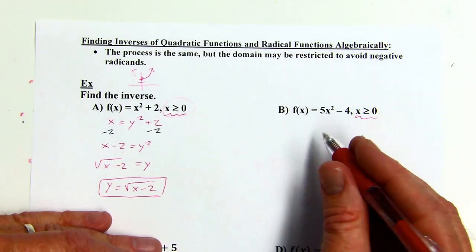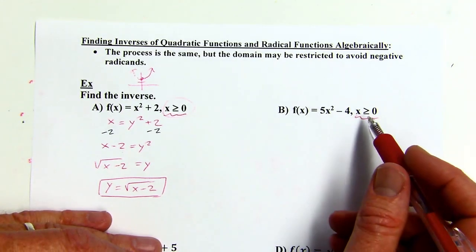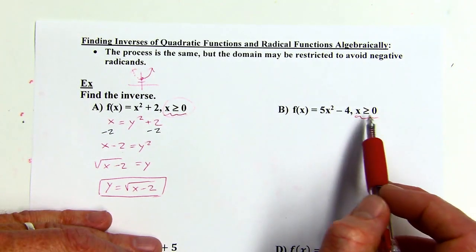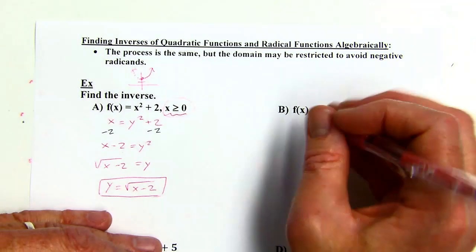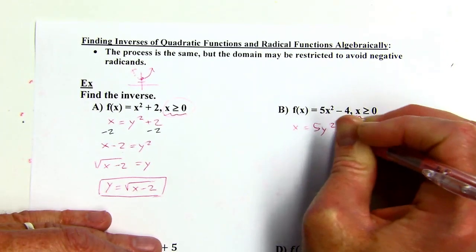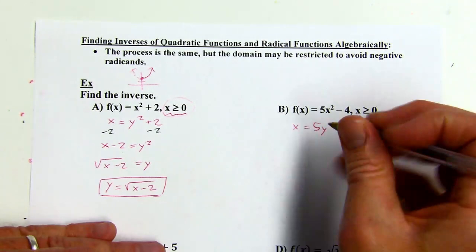So we've got the same kind of deal here. You don't really have to worry about it too much. It'll be built into the problem usually. So you're switching the x and the y again, and I'll add 4 to both sides.